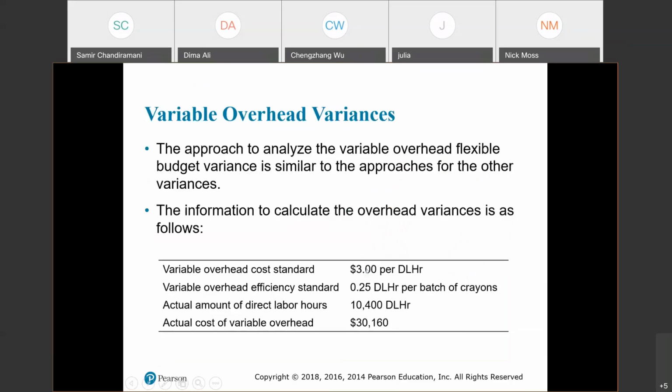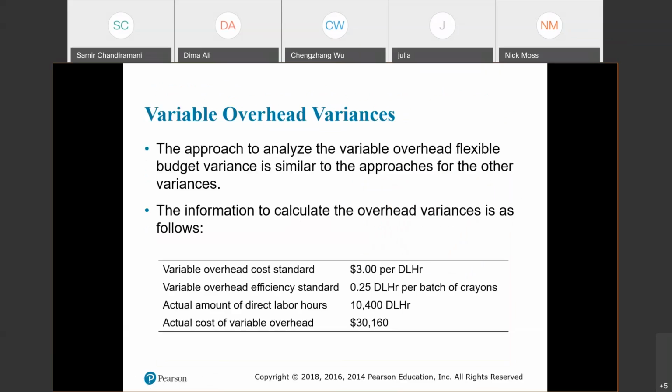So it means the company spends less than budgeted. Now, we have to analyze this favorable variance.